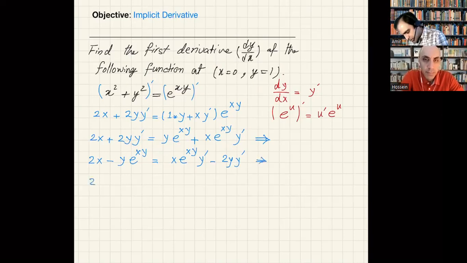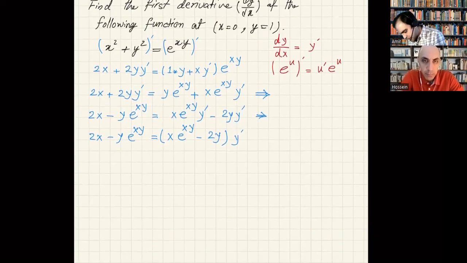This can then be rearranged: 2x minus y e^(xy) equals x e^(xy) minus 2y, times y prime. Factoring y prime, yes.